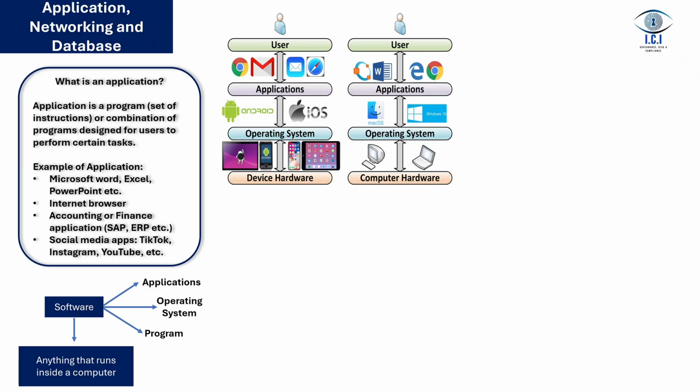And I said an application will never run if there's no operating system. I also said that hackers will always go for the operating system, because when they are in charge of it, they can control everything about your computer, both your hardware and even your application itself.